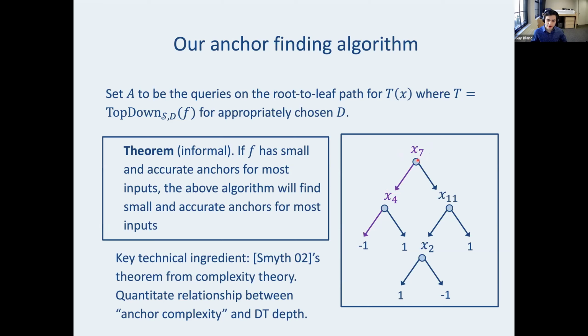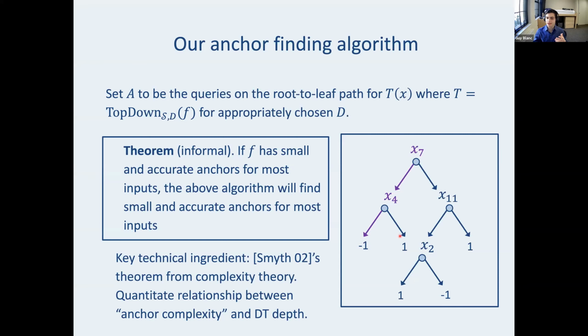Okay, so if our input was classified -1 according to this path, then our anchor is x4 and x7. And the reason you think this might work is because in the top-down tree, it's true that all inputs that follow this path are classified the same way. So this is a 0 error anchor for t. And then t is close to f, so we expect this to be a low error anchor for f, which is what we care about.